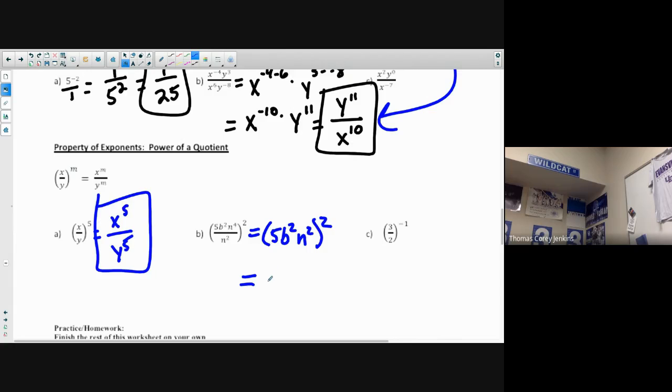So 5 squared is our coefficient, which is 25. b squared squared is equivalent to b to the 2 times 2, b to the 4. And then n squared squared is n to the 4.